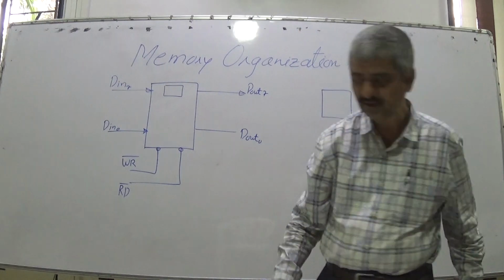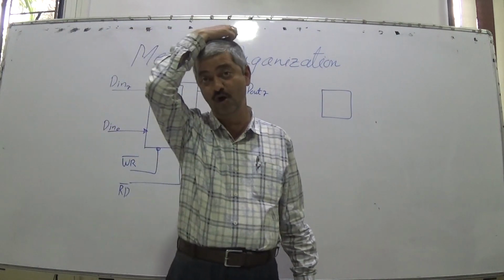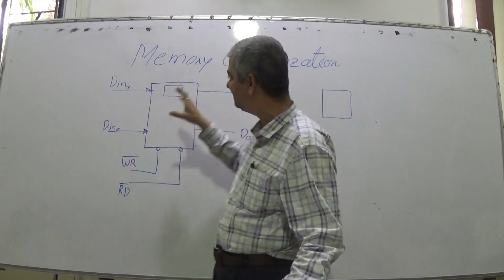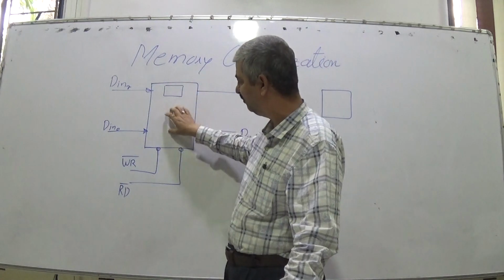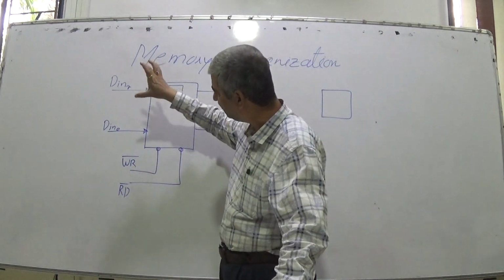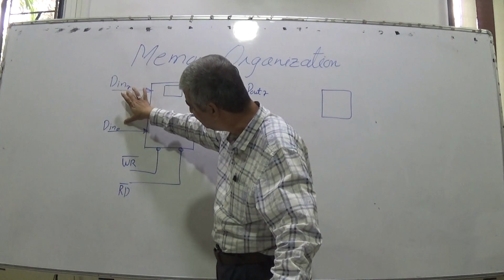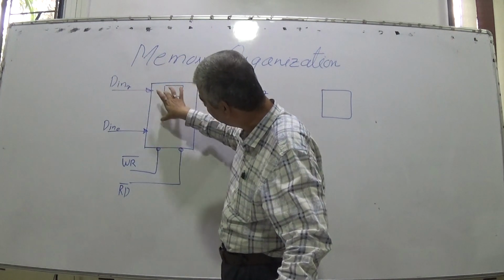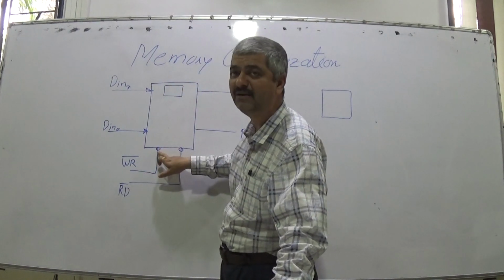Now, in this case also, this is a single byte memory location. What does write bar do? Whatever is present on the input lines is stored inside these 8 locations when write bar is made low and made high again.